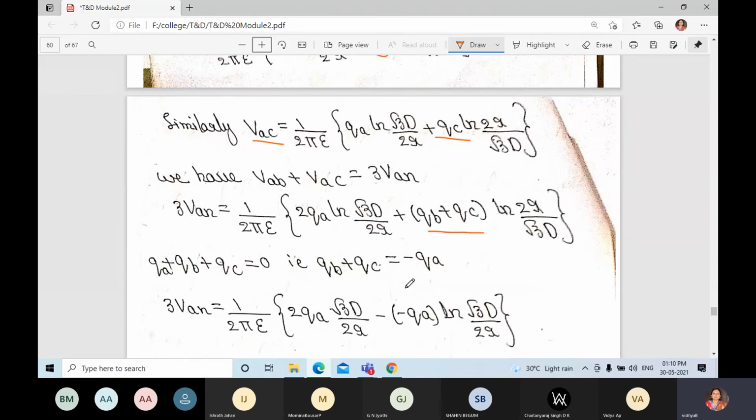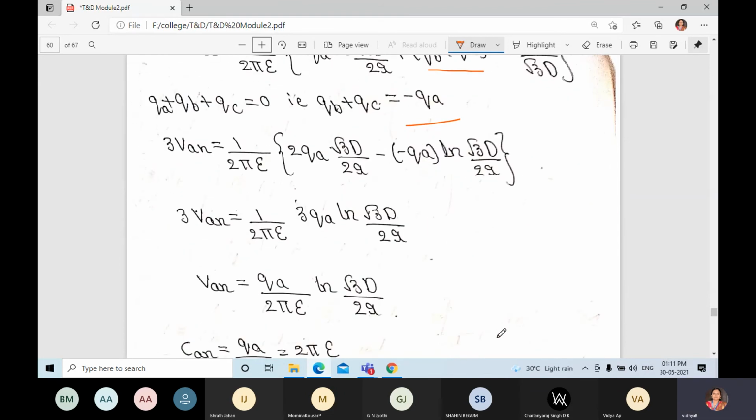This can be written as minus QA, and this equation can be written as plus ln square root of 3D divided by 2R. So 3 times QA ln square root of 3D divided by 2R, the 3 gets cancelled. VAN is equal to QA divided by 2 pi epsilon ln square root of 3 into D divided by 2R.